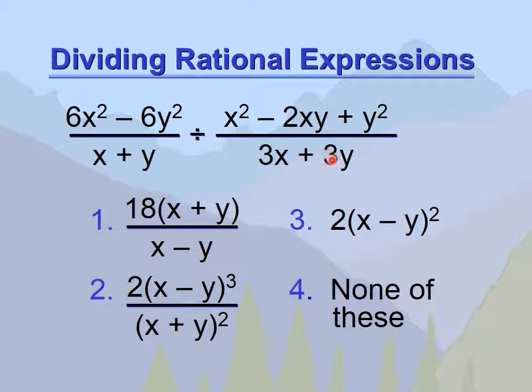So this piece will actually be on the top, and you will factor out the 3, giving you 3 times x plus y. On the top here, this should be x² minus y², x minus y times x minus y. So once you cancel everything out, you should have gotten option 1.